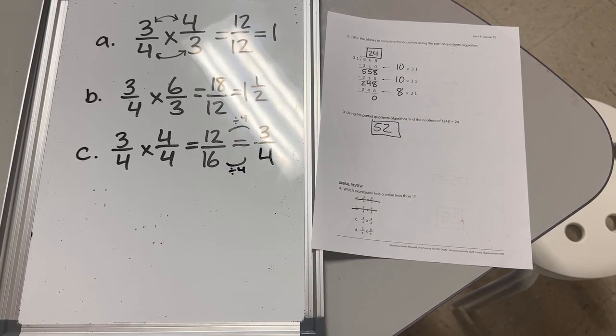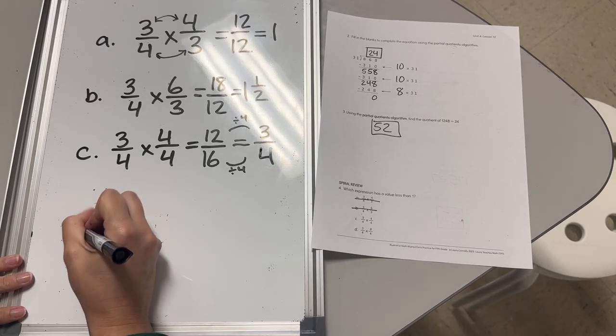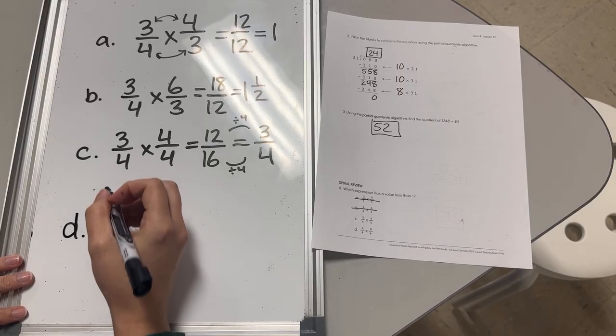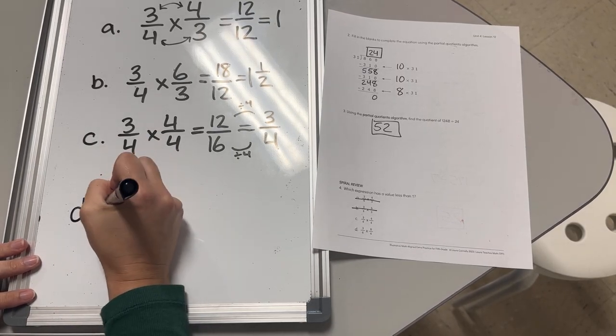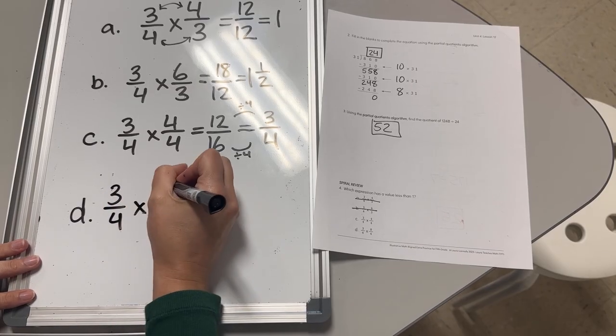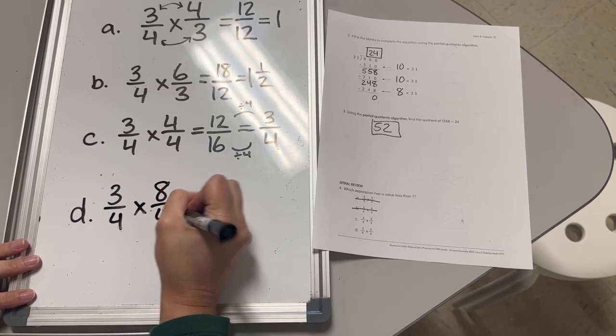So it is equal to 3/4, which is less than 1. So just to be absolutely sure, I am going to check D to make sure it is not less than 1 as well. So I'll do 3/4 times 8/4.